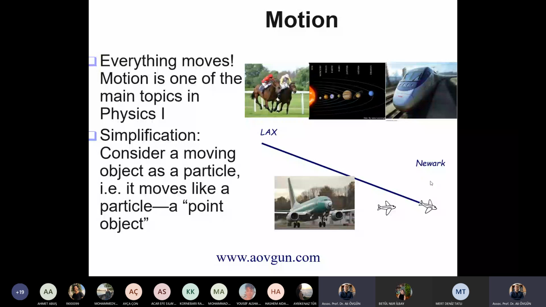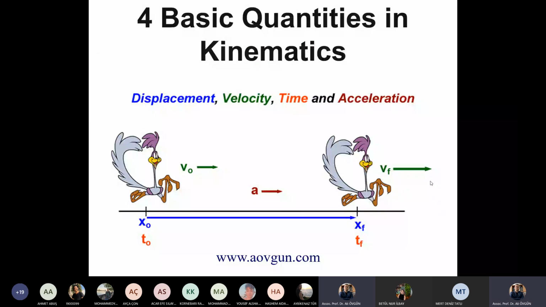There are four important quantities for motion: displacement, velocity, time, and acceleration. Displacement, velocity, and acceleration are vector quantities, but time is a scalar quantity. Vector quantities have direction, but scalar quantities have no direction.